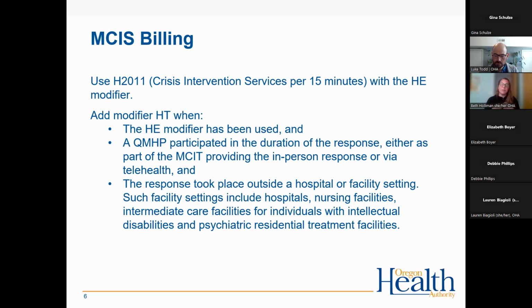So if a QMHA and a peer go out for an hour, they're going to write a progress note for that hour and bill the 4 15-minute increments, but then say a QMHP gets called in to do an assessment. The QMHP has to be the one to document their assessment. So I think it's confusing because we talk sort of clinical language and who's doing the progress note.